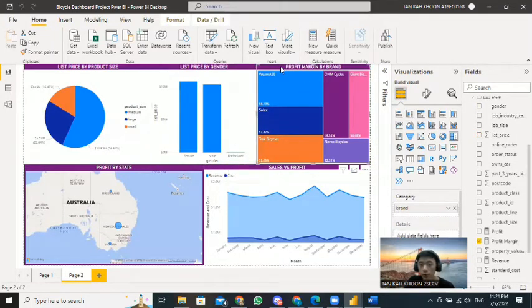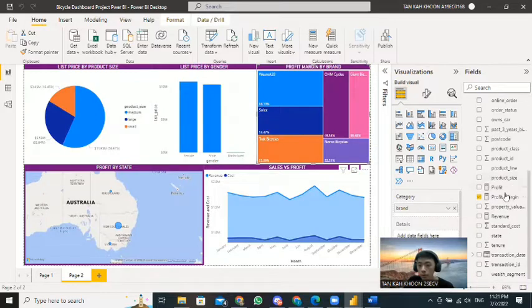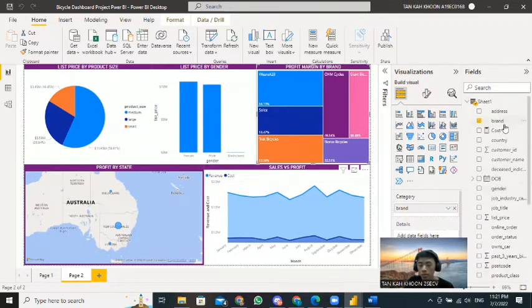Next is the profit margin by brand, which uses the profit margin and the brand as the domain. The brand Reader A to B has the highest profit margin with a value of 66.19, and Norco Bicycle has the lowest profit margin, which is 32.51%.